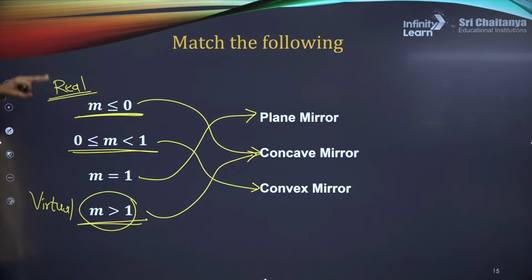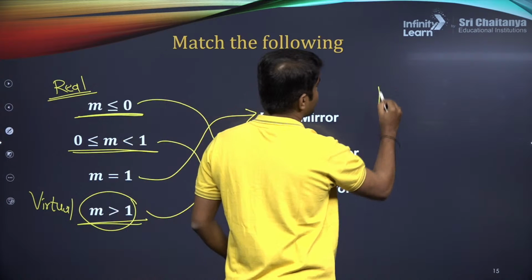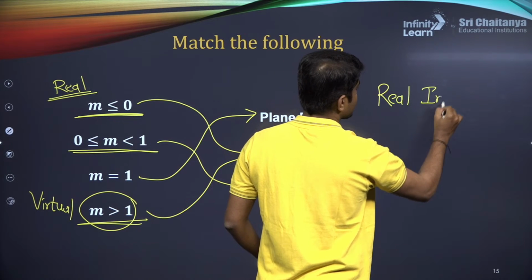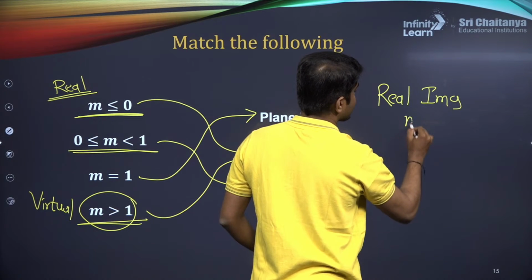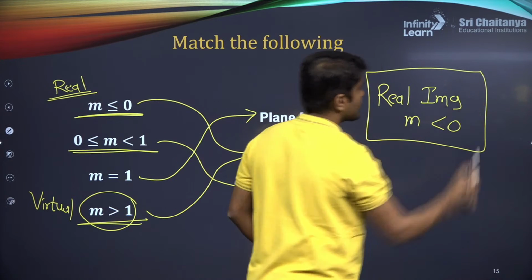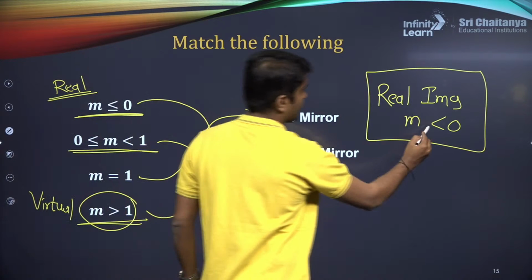Now again, one more thing I want to tell you: whenever it is a real image, magnification is always less than 0. For a real image, magnification is always going to be negative, less than or equal to 0.